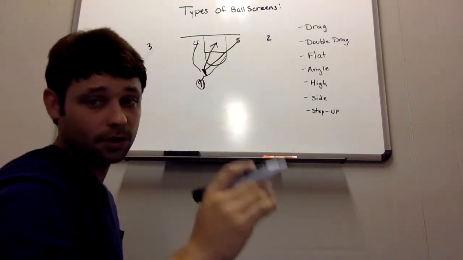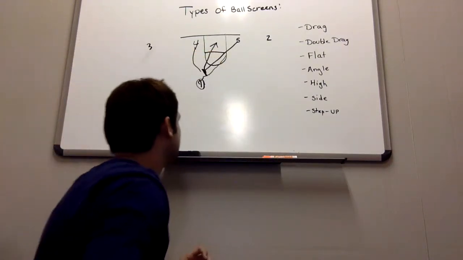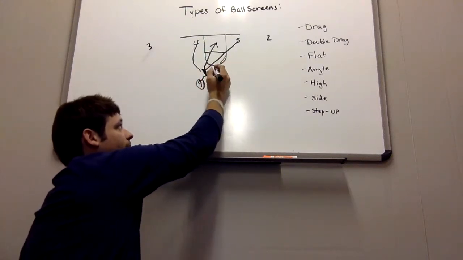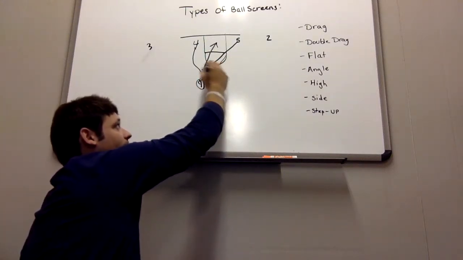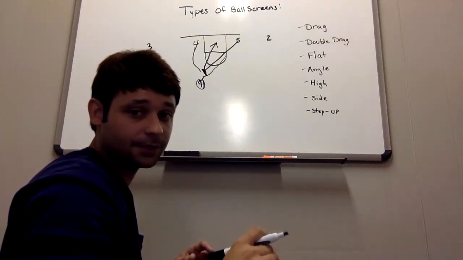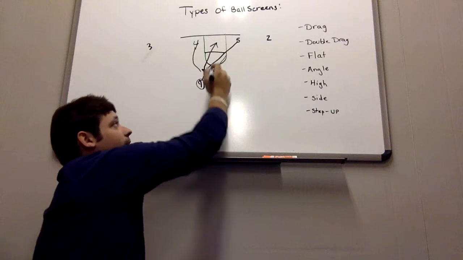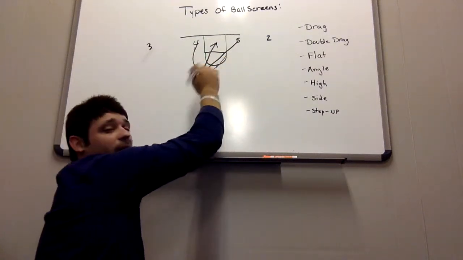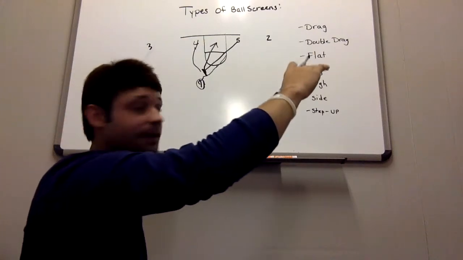And what you all will naturally see out of this, when this 1 goes off the screen from the 5, if the 1 does his job and goes off the 5's shoulder there, the guy that's guarding the 5 has to pick up or hedge or do something of that nature.